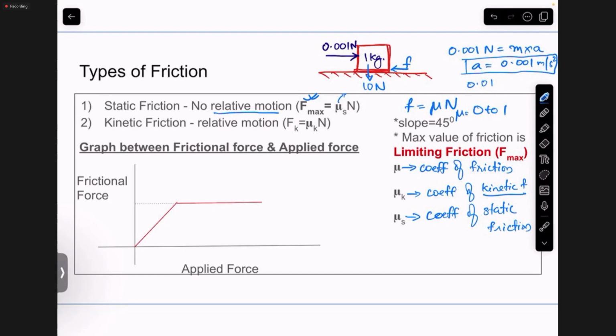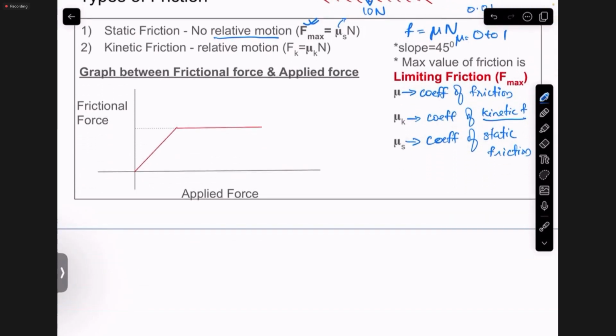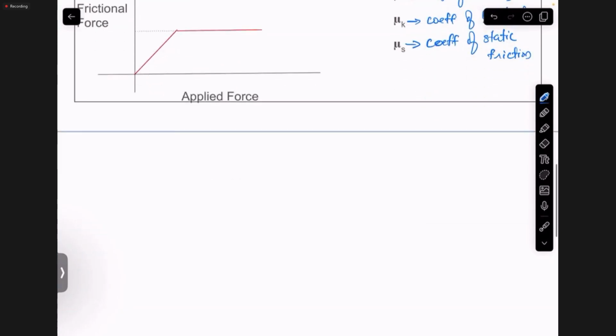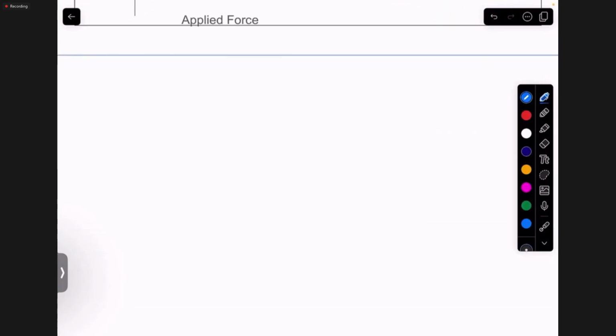So now I'll come to the calculation of it. But before that, I wanted to discuss how this frictional force acts with respect to the applied force. You have a setup like this, where this is a surface, which is obviously rough, not so smooth.